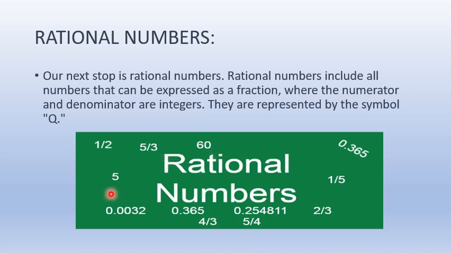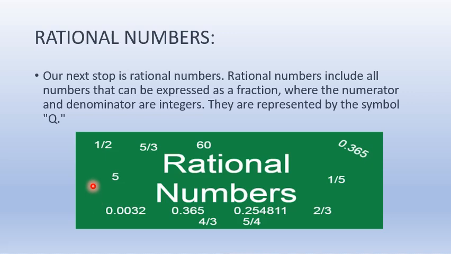And here somebody might say, but 5 and 6 are natural numbers, or whole numbers, then how come they are here? Because, as I said, when you are writing something in a fraction form, let's say I have written 30 divided by 5.